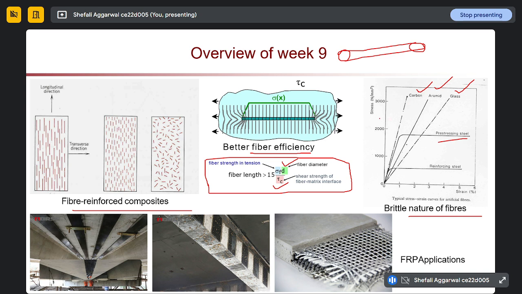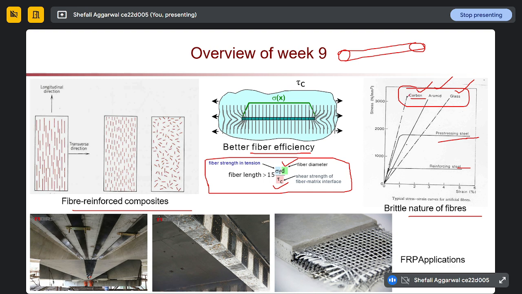From this you can see that carbon will have a higher yield strength as compared to aramid and glass. However, none of them have a high ductility. They all are brittle in nature when we compare them to our normal steel or pre-stressing steel.